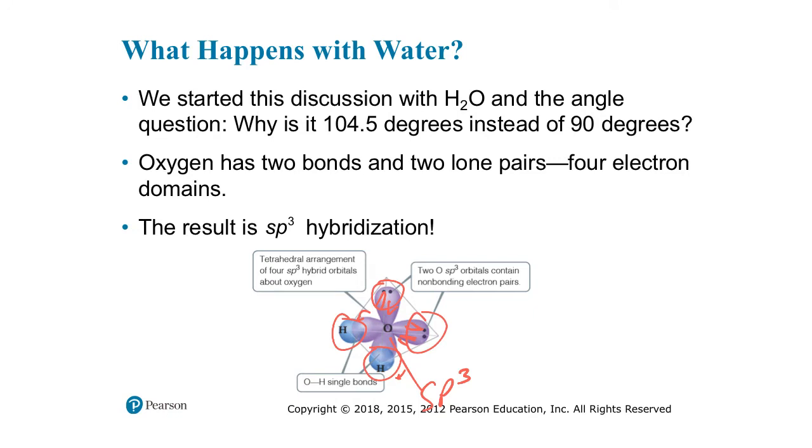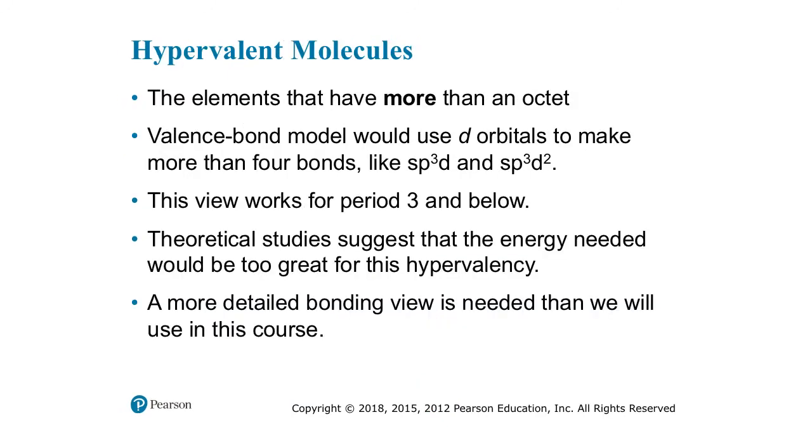So we get a bond angle closer to 104.5 because we're in this base structure of tetrahedral with an sp3 hybridized oxygen atom, and the lone pairs on oxygen are residing within those hybrid orbitals as well.